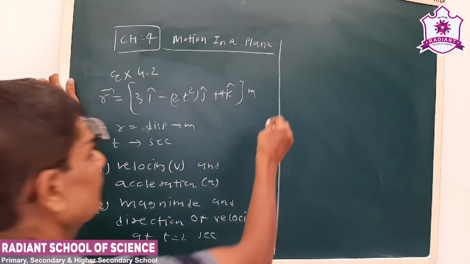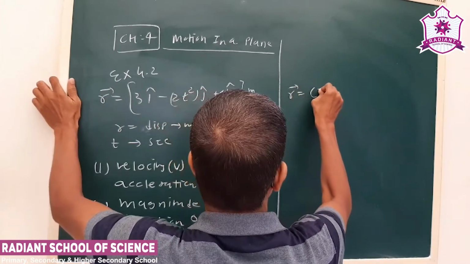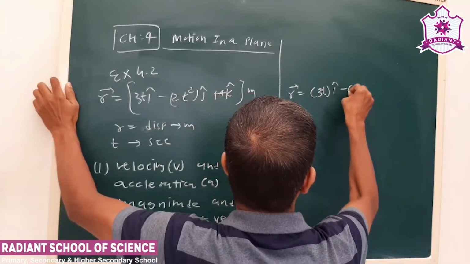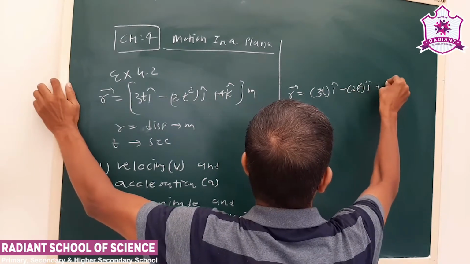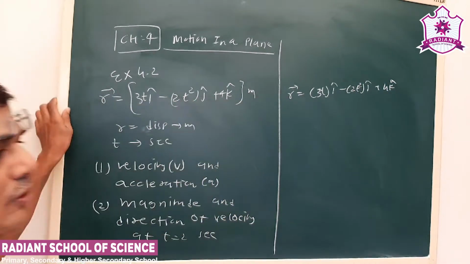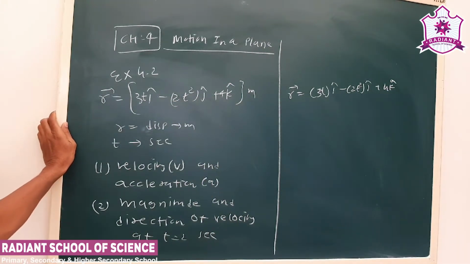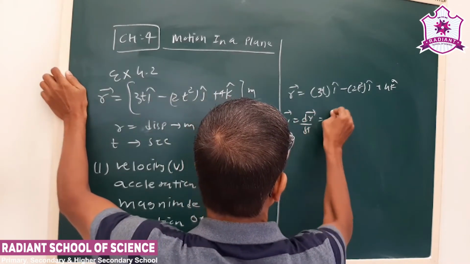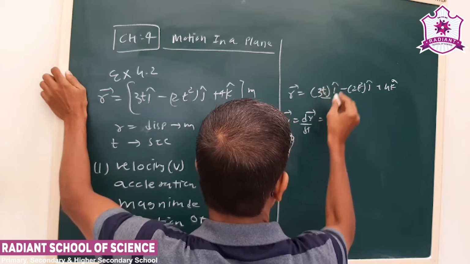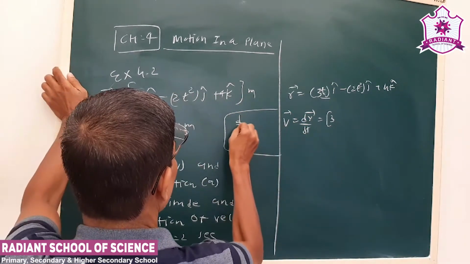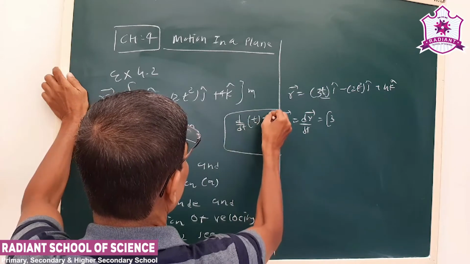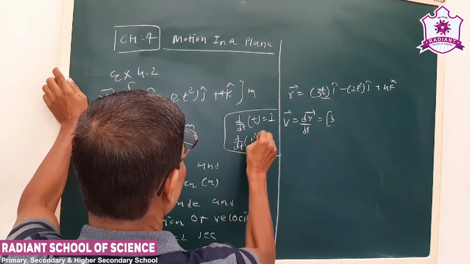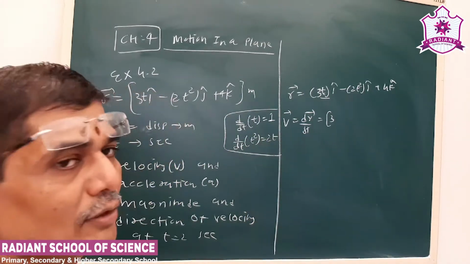Now we know the first derivative of displacement gives the velocity. So v is equal to dr by dt. The derivative of t is 1. Now recall our equation of the derivative: t square derivative is 2t, and the derivative of a constant term is 0.